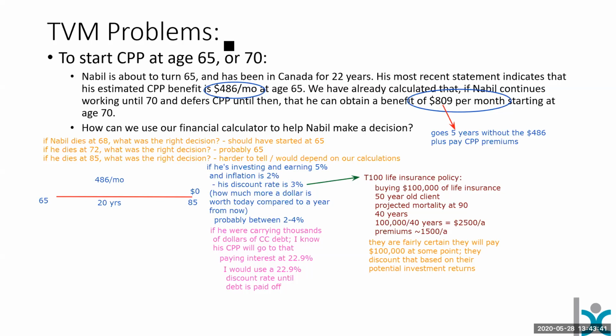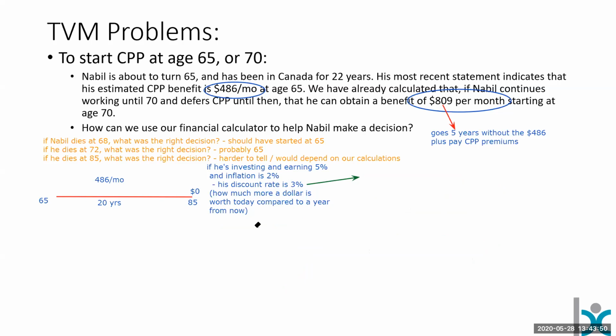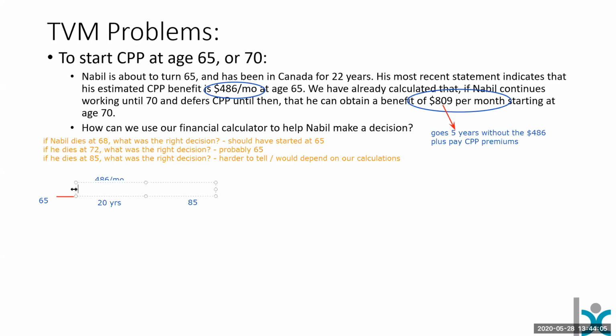Okay, can we go back to Nabil now? And I'll answer your question, Bonnie, I promise we'll get there. So we're going to assume here, I'm going to use a 3% rate of return or a 3% discount rate.